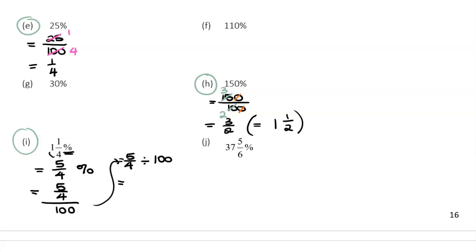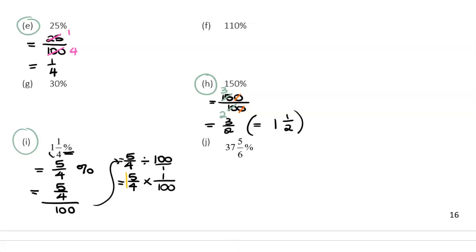So remember, when we had a fraction divided by a number, we write the first fraction as we normally do. We change the division sign to a multiplied sign, and we take the reciprocal. Now, how do we take the reciprocal of a whole number? Whole numbers can be written over 1, so I could flip that upside down to have times 1 over 100. So dividing by 100 is the same as multiplying by 100th. That makes sense.